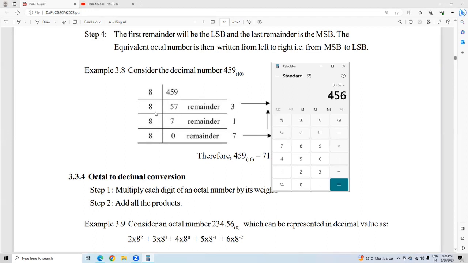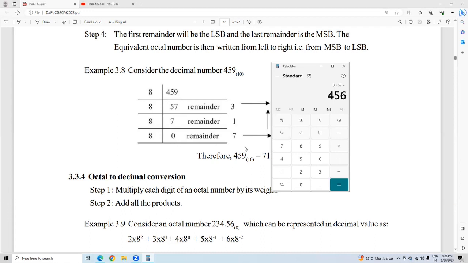57 divided by 8. The quotient we get should again be divided by 8. So 8 sevens are 56. So 57 minus 56, the remainder is 1. And here the quotient is 7 and it has to be divided by 8. Direct division is not possible.